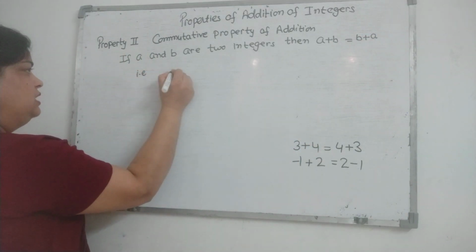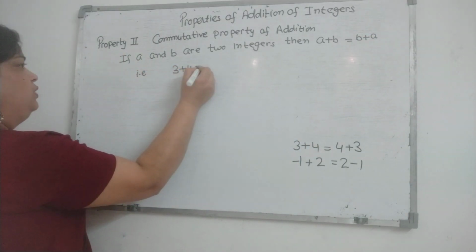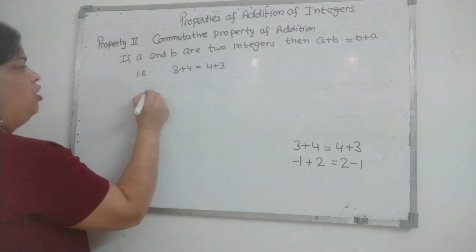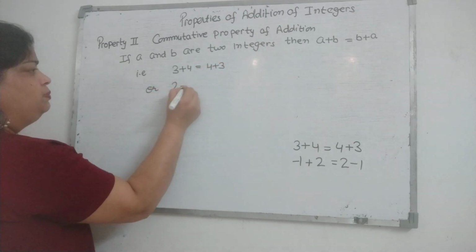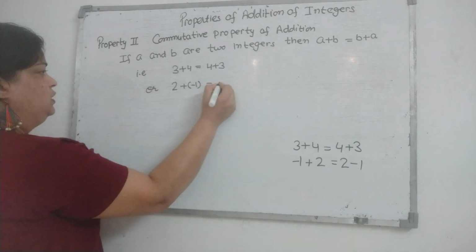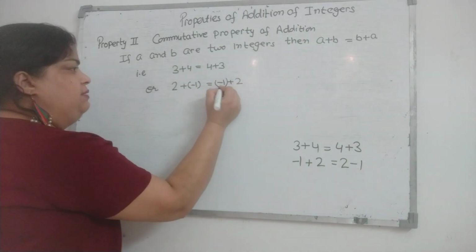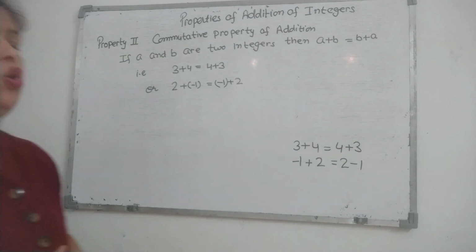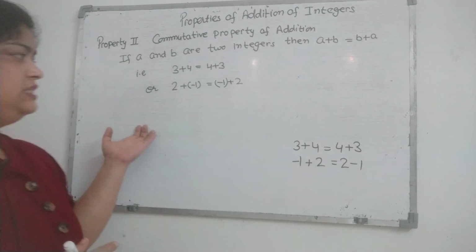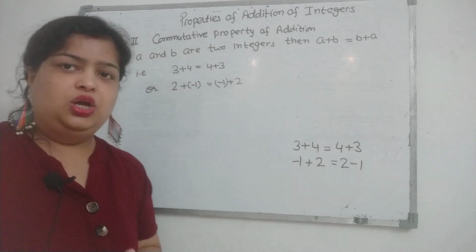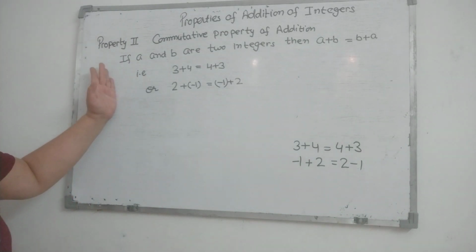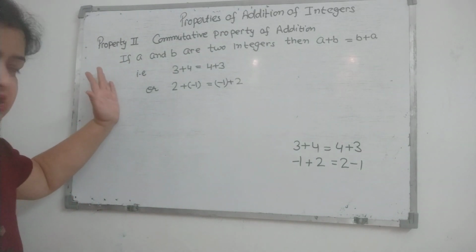That is, 3 plus 4 equals 4 plus 3, or 2 plus -1 equals -1 plus 2. It is again the same. If I change the order of the integers, their sum doesn't change. This is called the commutative property of addition.